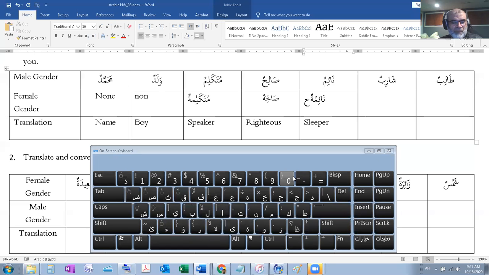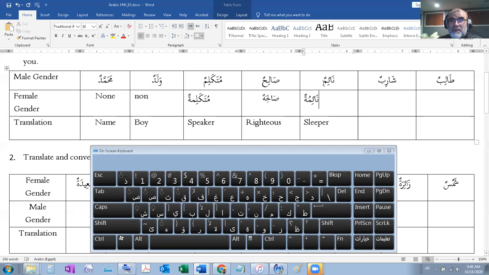So when I converted نائم into نائمة, you notice that the نائم has a تنوين ضمة. تنوين is only at the end. There is no تنوين elsewhere. تنوين is at the end.